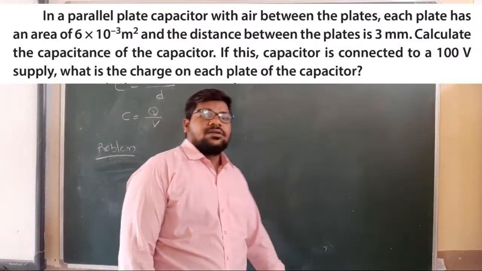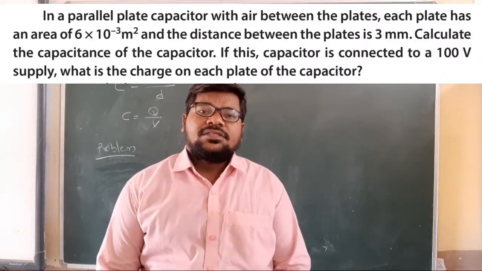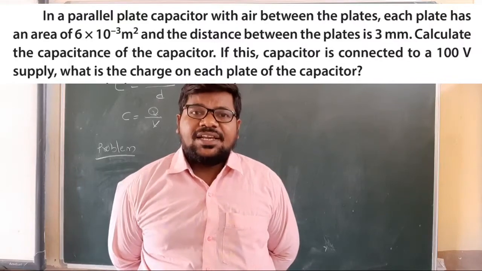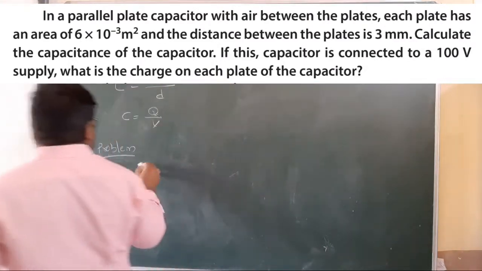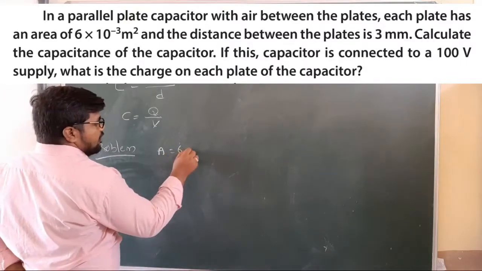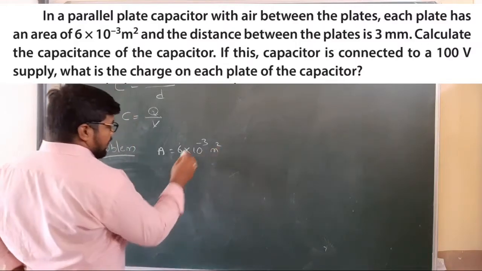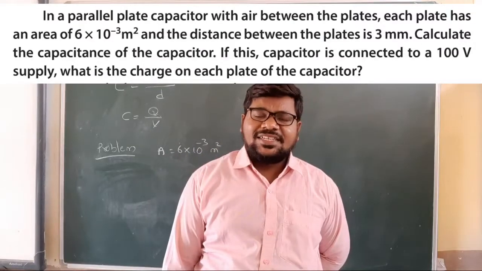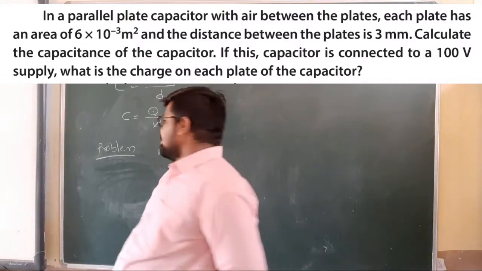Coming to the given data. In this problem they gave area 6 into 10 power minus 3 meter square. Then the distance between one plate to another plate is given as 3 mm.